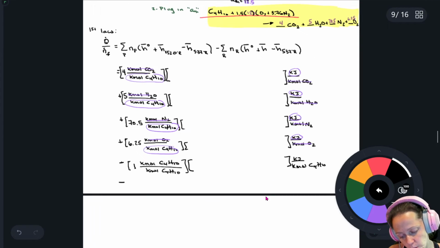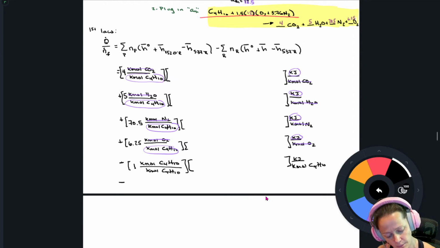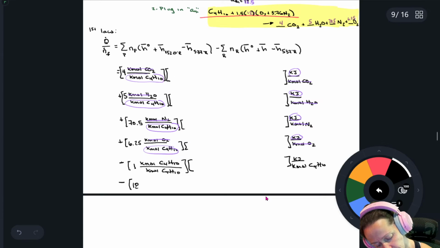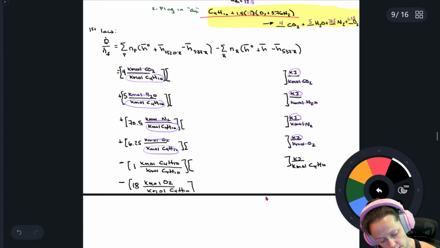So I've got 1.5 times 12. So 12 plus 6, so 18. So I've got 18, and it's kilomoles of oxygen per kilomole of fuel C4H10, right?